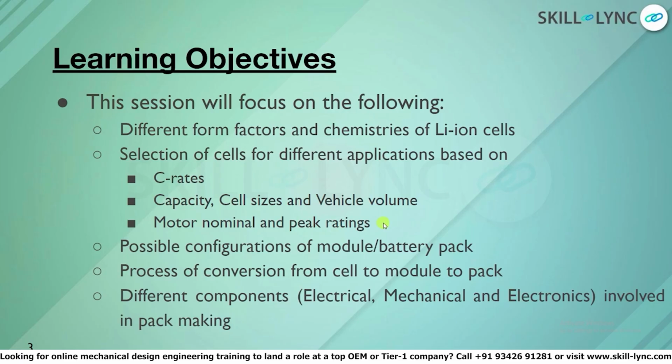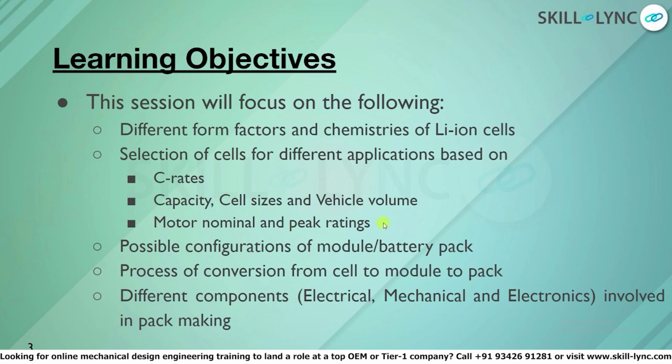What is the vehicle volume, which is like if there is a space, in that space we need to fit a battery pack. Is the space sufficient or not? If it's not sufficient, how do we make our battery pack such that it goes and sits in that place? So vehicle volume plays a very important role. So we also need to see that when we select a cell, it is compact enough to fit into that vehicle volume.